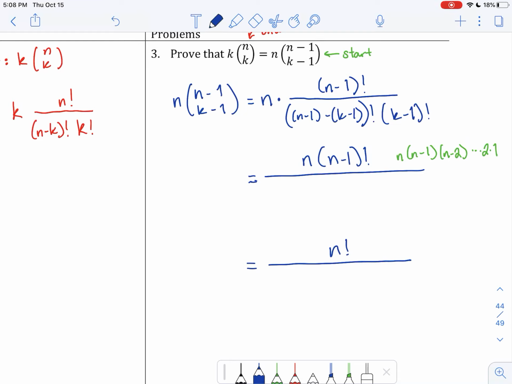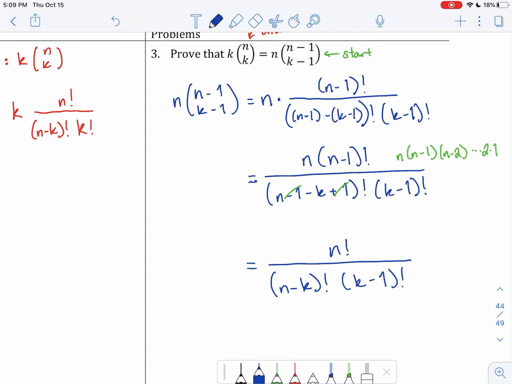We'll just simplify the parentheses in the denominator here. We have n minus 1 minus k plus 1, distributing that negative, factorial, times k minus 1 factorial. The minus 1 and plus 1 cancel out, and we're left with n minus k factorial and k minus 1 factorial.